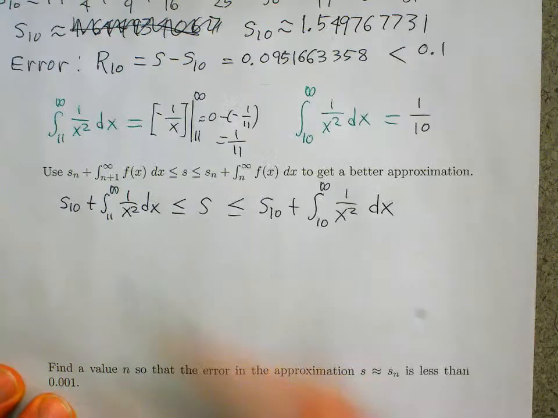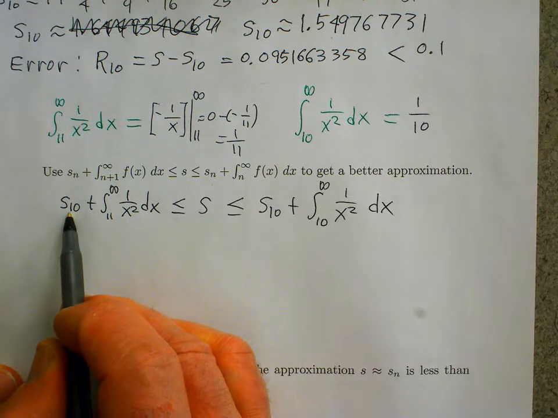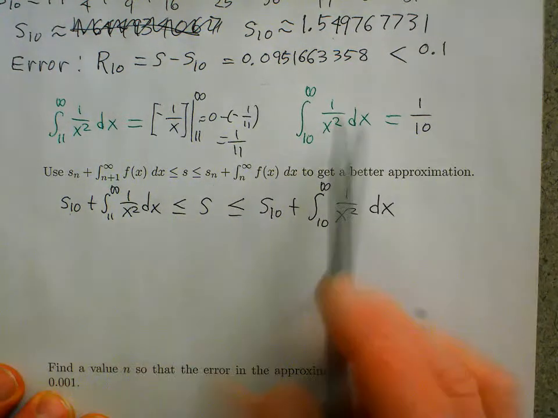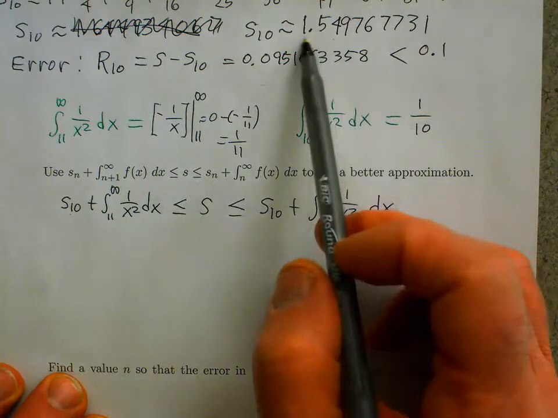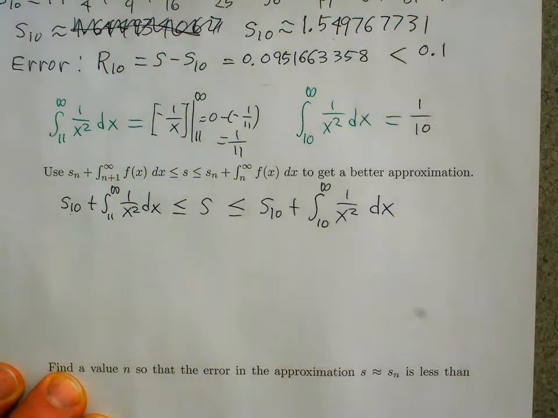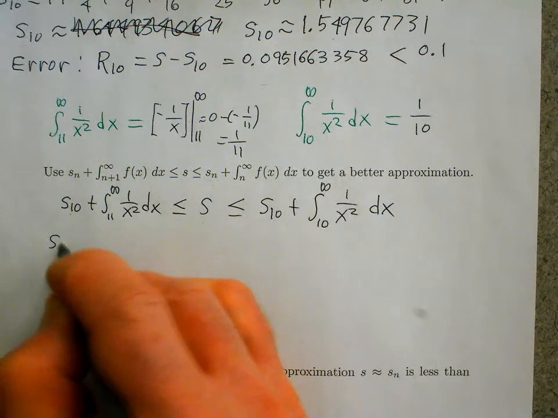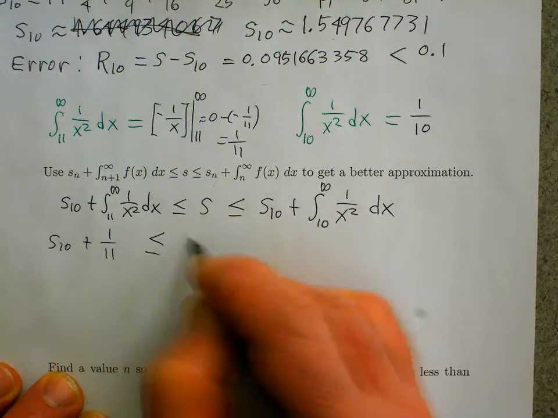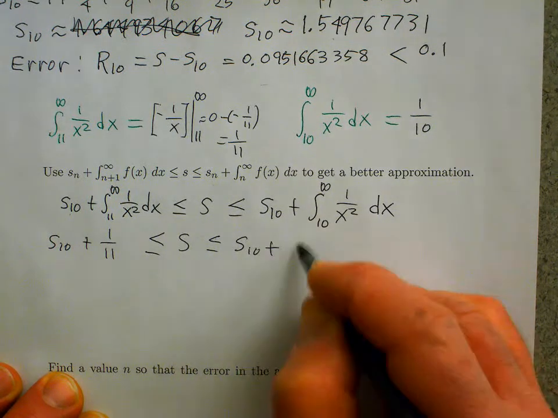Okay, so S sub 10, we found that to be 1.549767731. So I'll write it as s sub 10 plus 1/11 is less than or equal to s, which is less than or equal to s sub 10 plus 1/10.